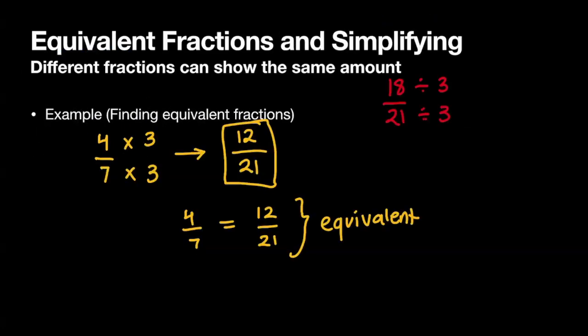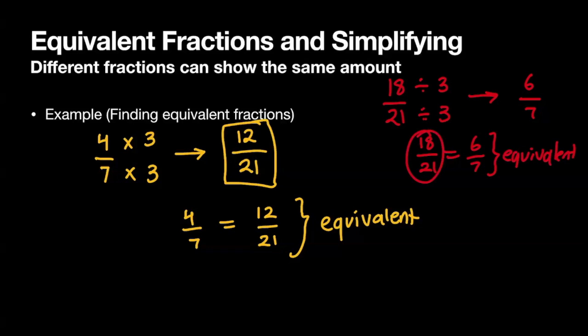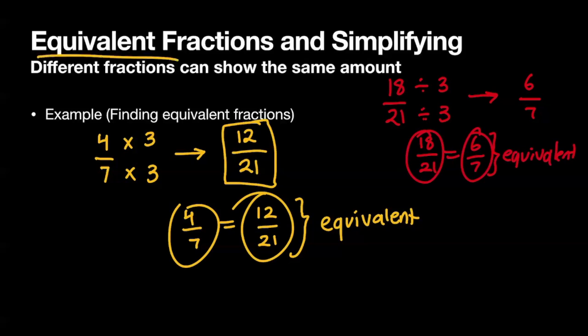So here we'll divide by 3 and we'll get 6 by 7. So we have now found an equivalent fraction for 18 by 21. So this is how we find equivalent fractions. And in the next example, we'll see why these fractions are equivalent.